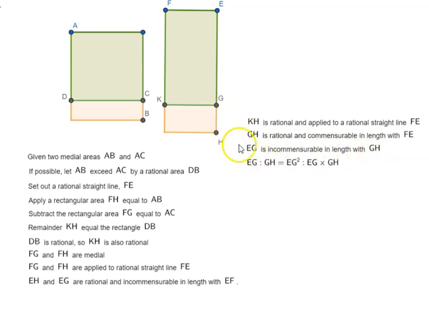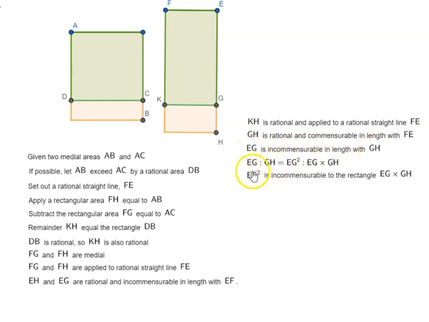EG is to GH as EG square is to EG by GH. That means EG square is incommensurable to the rectangle EG by GH. Why? Because EG is incommensurable in length with GH.